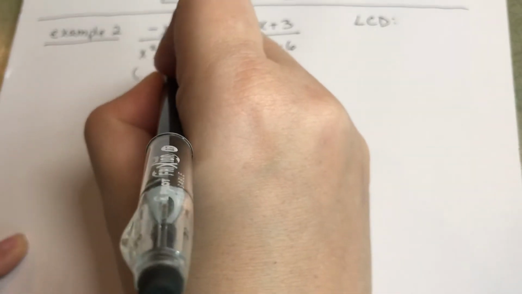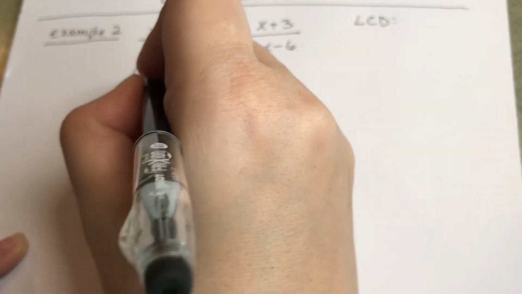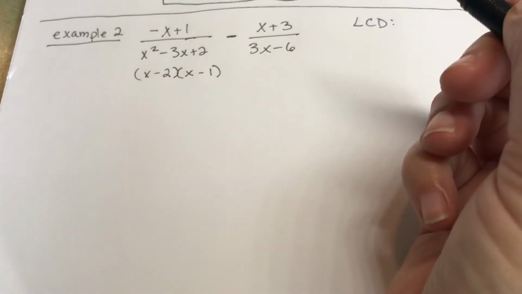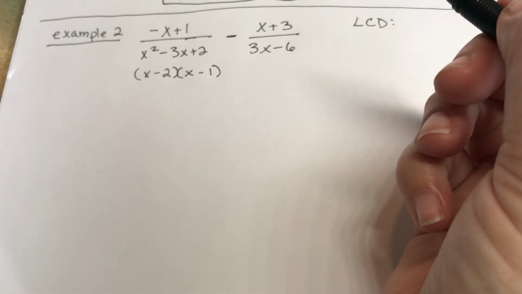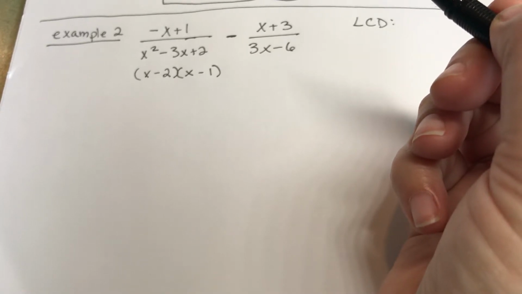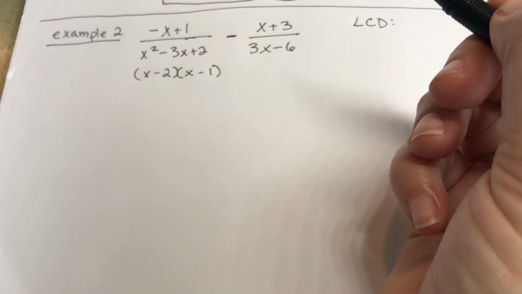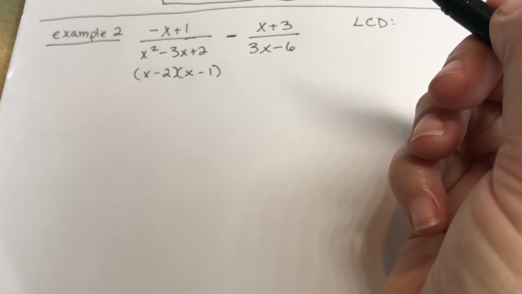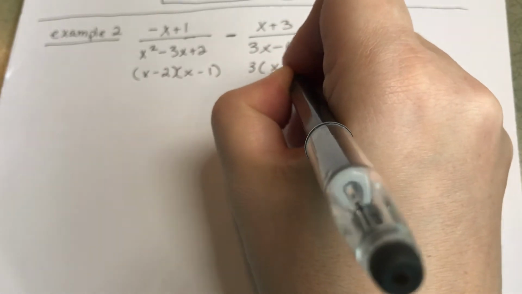So this factors to be x minus 2 and x minus 1. This factors to be 3 times x minus 2.